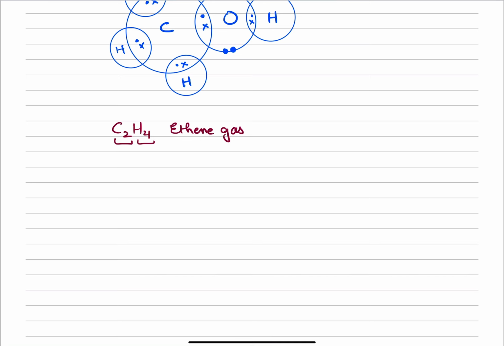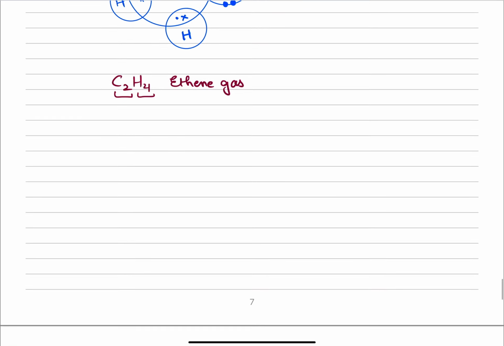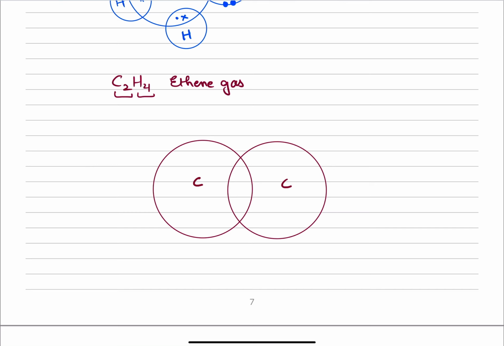Like in methane gas, CH4, each carbon was covalently bonded with 4 hydrogen atoms. But in this case, you have 2 carbons. That means these 2 carbons are bonded with each other. So carbon, carbon. And I can easily say that if it's 2 carbons bonded with each other, then 4 hydrogen means that each carbon atom is bonded to 2 hydrogen atoms.